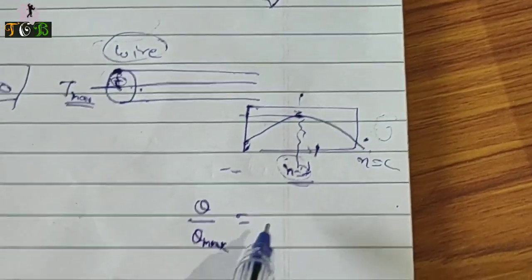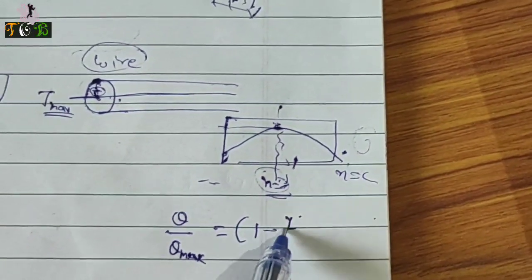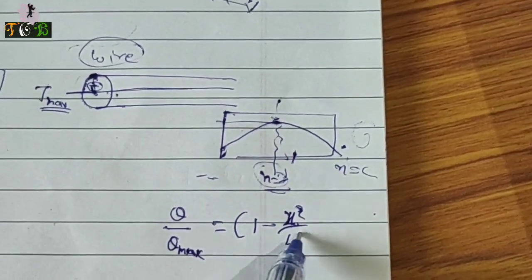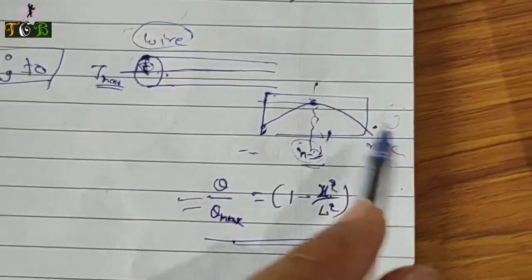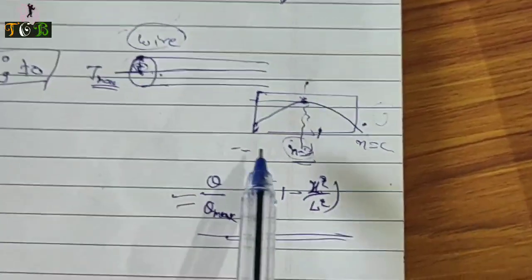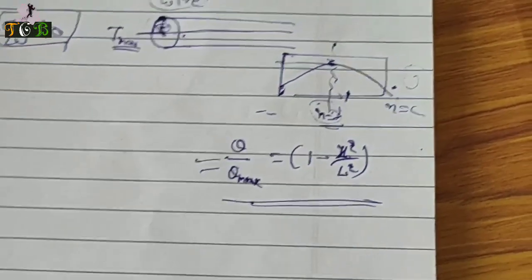And the formula we got was 1 minus x square divided by L square. Okay, I hope that you still remember the formula. If you don't know anything about this, watch our previous video, the first video that we made on heat conduction.